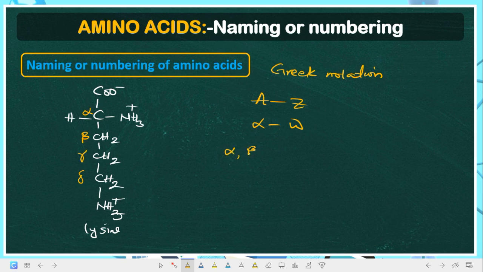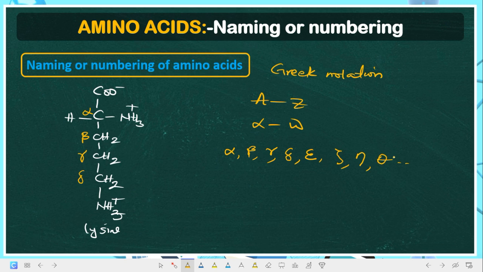Alpha, beta, gamma. Then we have delta, which is partially negative. We have the epsilon, which is represented with E. Then we have the zeta, which is this symbol here. And then we have the eta, the theta, etc.